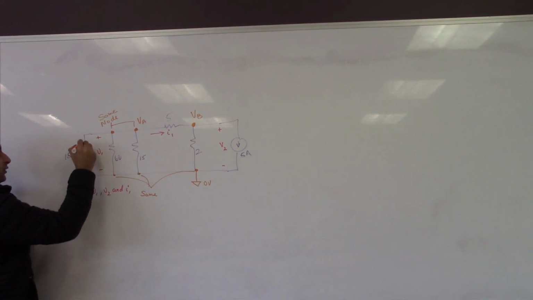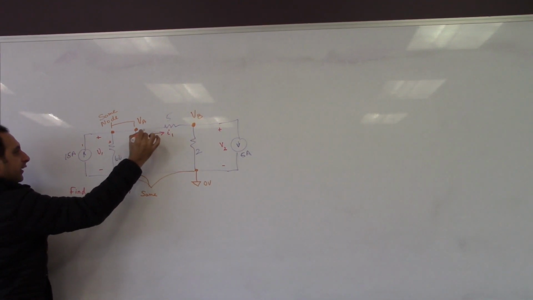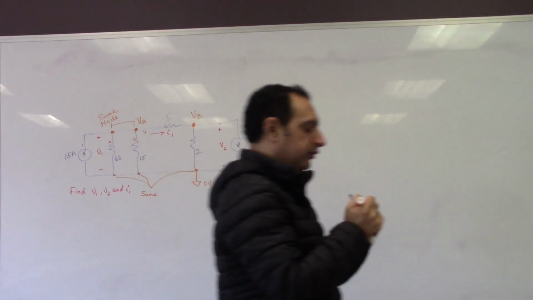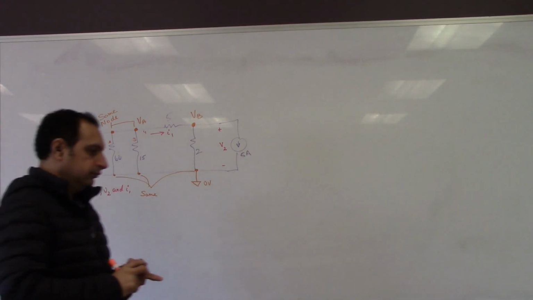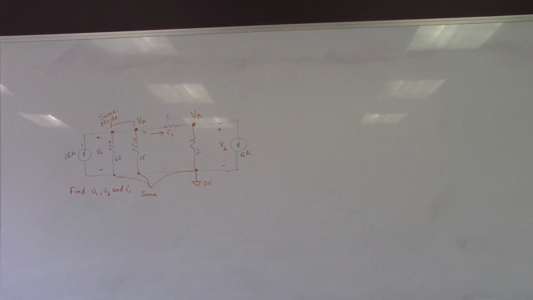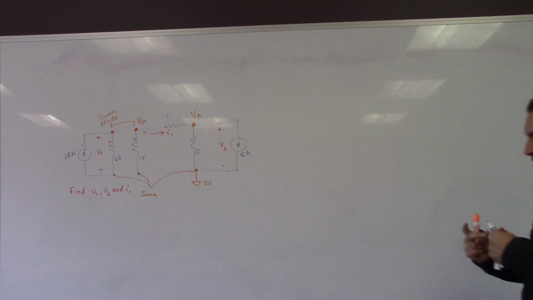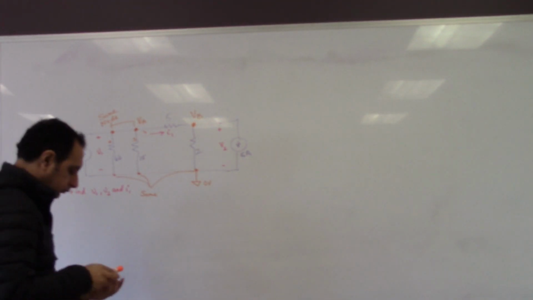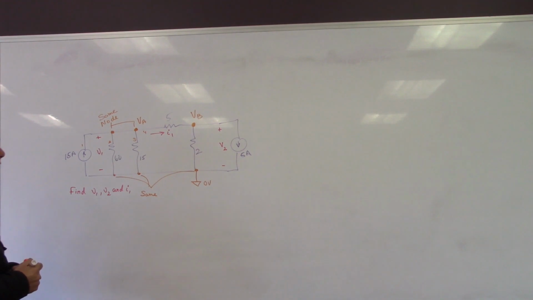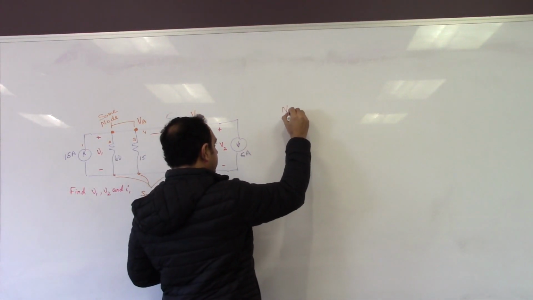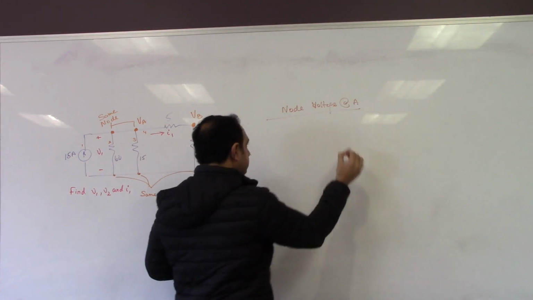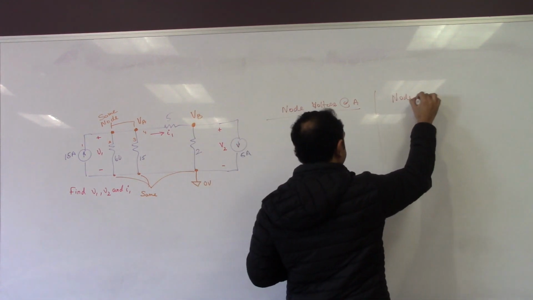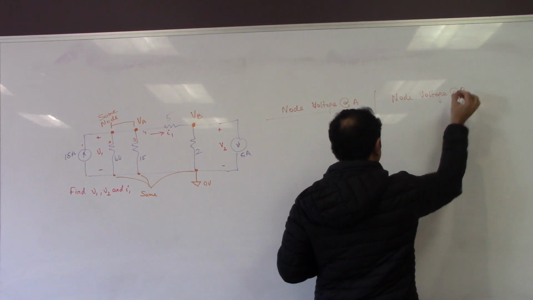So there should be 4 terms in your node voltage expression at A. Let's write the node voltage at A, and then let's do the node voltage at B.